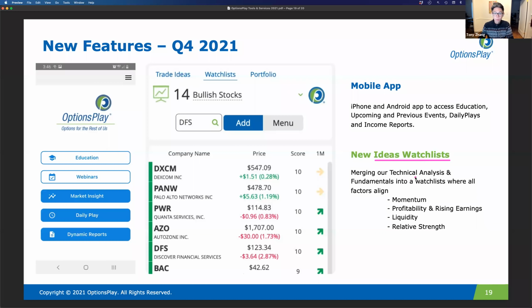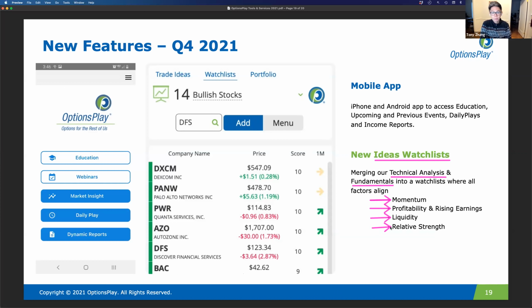So every single day we'll be scanning the market for technical and fundamental factors. And we're going to create these watch lists that will give you stocks that have momentum, the profitability and rising earnings for bullish trades, liquidity and relative strength. When all four of these things line up, they get onto our bullish watch list. And when all four of these things line up for the bearish side, they get onto our bearish watch list.